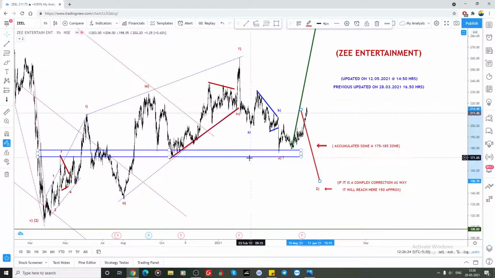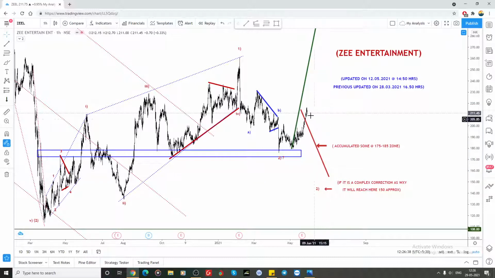That is why I have drawn this green line. From here it can shoot, or it can come to the downside, because ABC is a W. If it is X, ABC, there is a lot of chance for making one more new low to the 150-165 zone also. That is also possible.